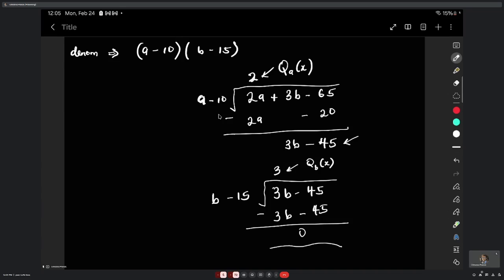Irrespective of the path I take, I must get the same final output. It will give me the same output.